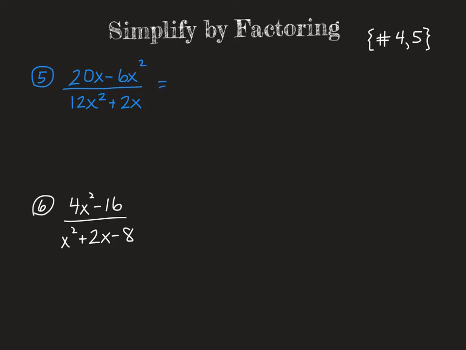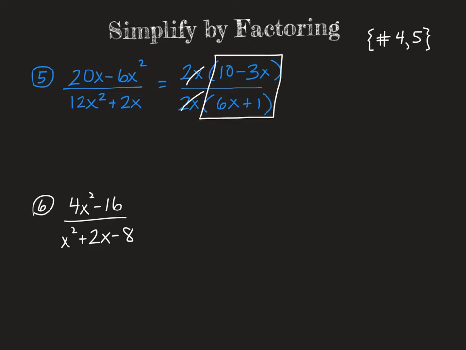So in the numerator, our GCF is 2x, and then what we have left would be 10 minus 3x, and we can't factor 10 minus 3x at all, so we're done in the numerator. In our denominator, we also have a GCF of 2x, and we're left with 6x plus 1. These two x's can cancel, so we're left with 10 minus 3x over 6x plus 1.